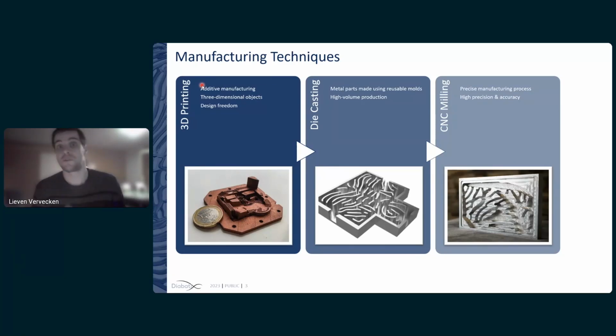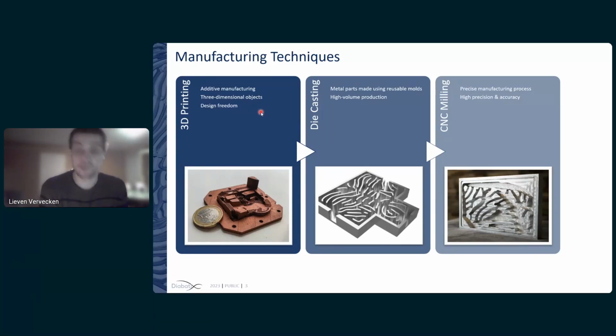But you also have, for example for home printers, fused deposition modeling, where plastic or polymer is being deposited on a table. This manufacturing technique basically allows for very complicated structures, allows for three-dimensional objects to be generated, and has a lot of design flexibility.